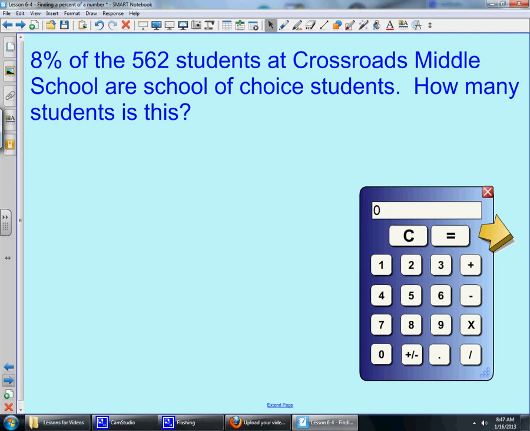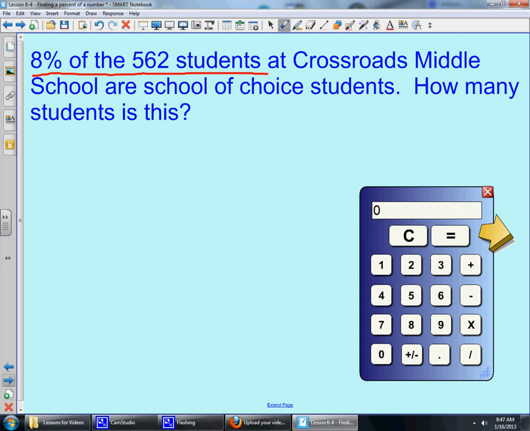One more story problem. Why don't you guys try this one on your own? Pause the video and try this problem on your own, and then we'll come back and go over it together. Okay, welcome back. 8% of the 562 students at Crossroads Middle School are school of choice students. How many students is this? Okay, so 8% of the 562 students.